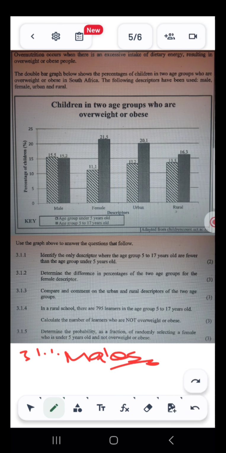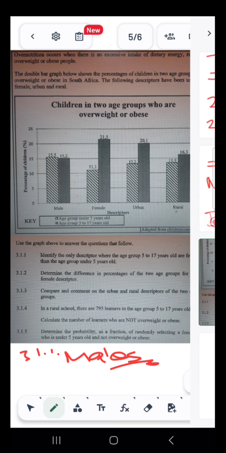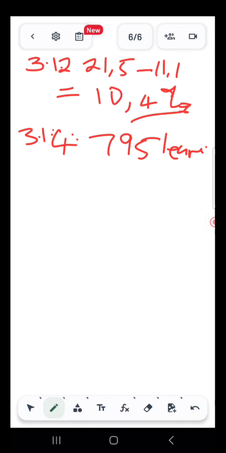Okay. So I would say the whole school, because they did this in the school, has 795 learners all in all, and then they found that 16% of the girls in rural were obese and 13% of the boys, right? But please find the ones who are not obese.